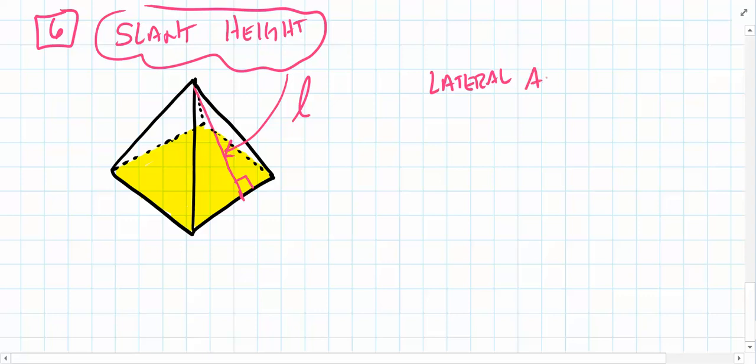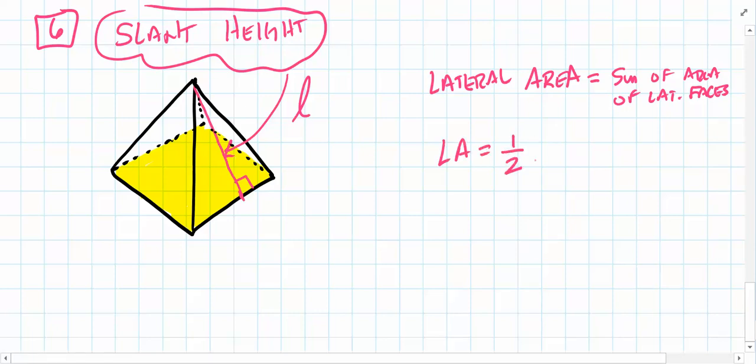Lateral area. What is the definition of lateral area? The area of the sides. Yeah, it's the sum of the areas of the lateral faces. So the formula for us in this case: lateral area is going to equal 1/2 the perimeter times L, where L is the slant height.